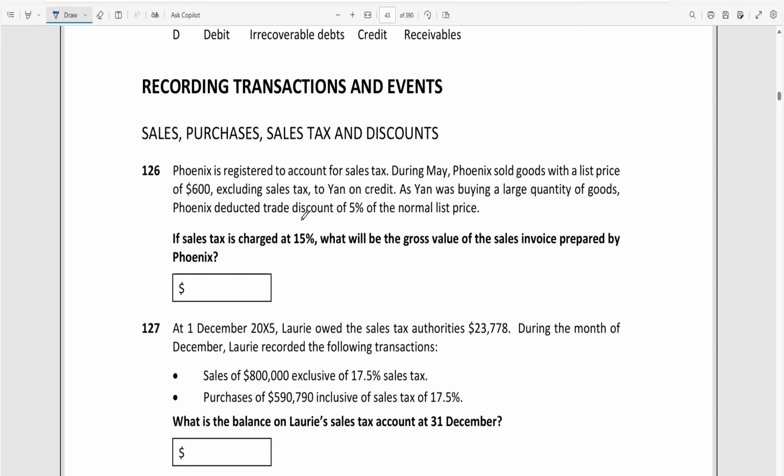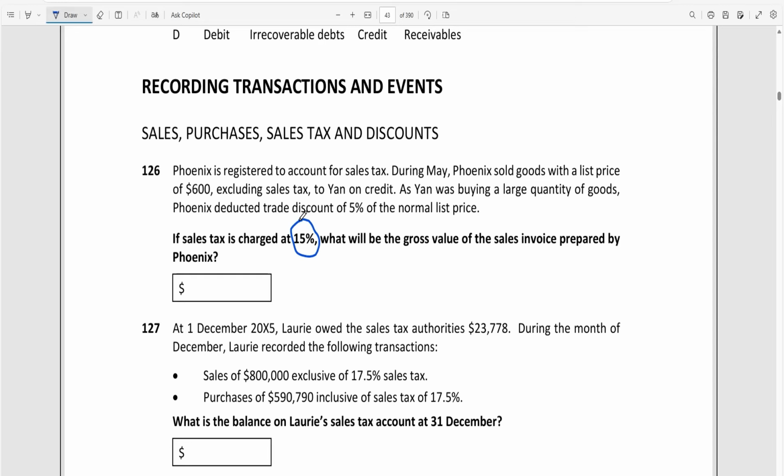Many students presume that the sales tax or purchase tax rate will be 20%, but that will not always be the case. So first and foremost, you need to check what sales tax is given. As in our question, it's 15%.